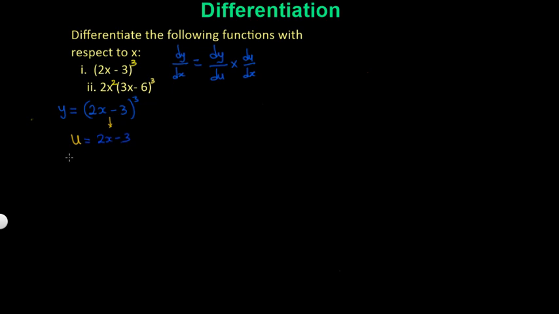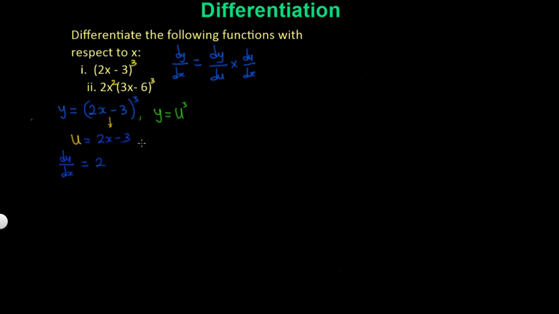Then we can differentiate this u, that is du/dx will give us 2. Now this function has been turned into y equals u raised to the power of 3 as a result of our substitution for u here.